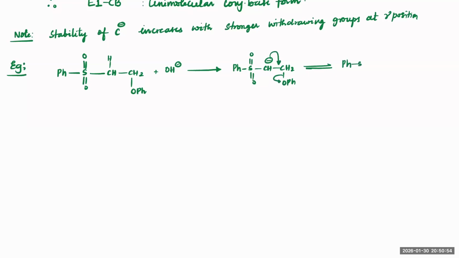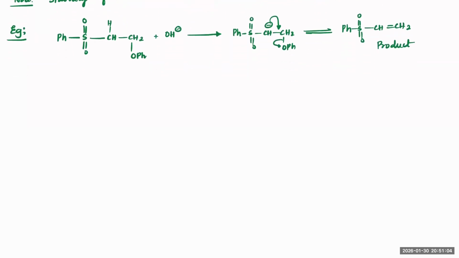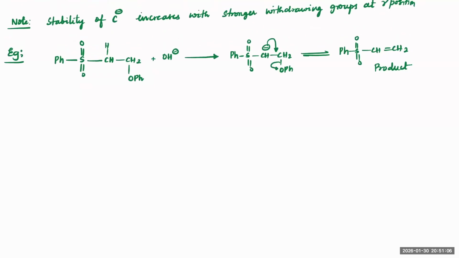Hence, we will get PhS double bond O, double bond O, CH double bond CH2. This is the product formation. I guess that is clear, everyone. So in any case, if you find this way, you should know it is always going to go via E1-CB mechanism. I'll keep writing more examples. Please do keep working on that.